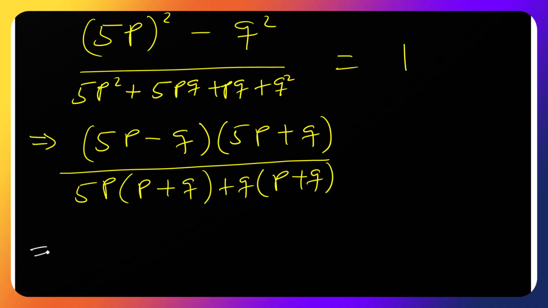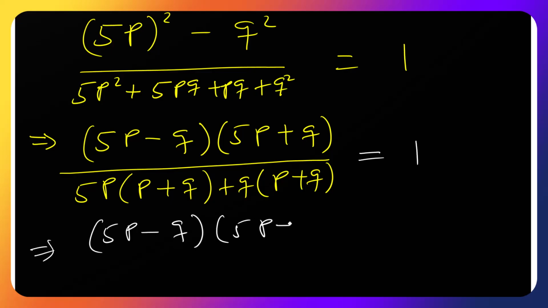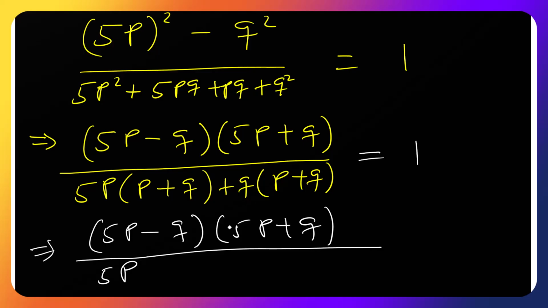So let's go ahead and deal with the denominator. We have (5p minus q)(5p plus q) over (5p plus q)(p plus q) equals 1.